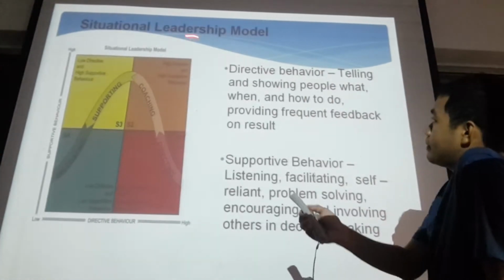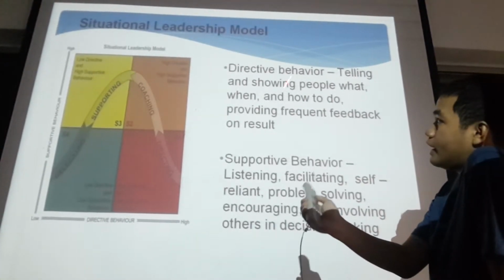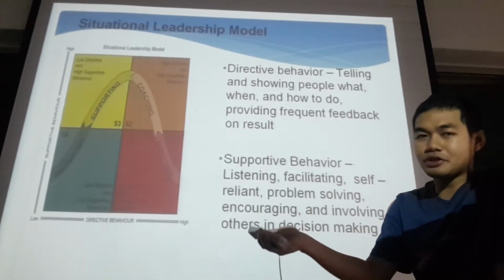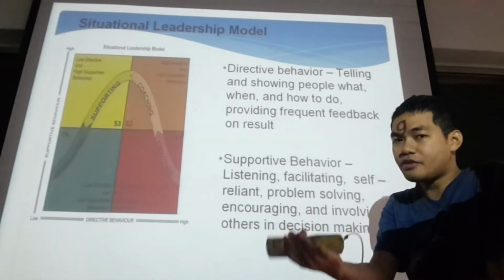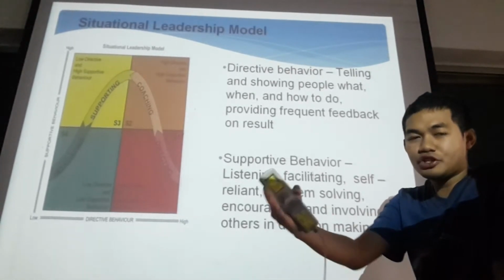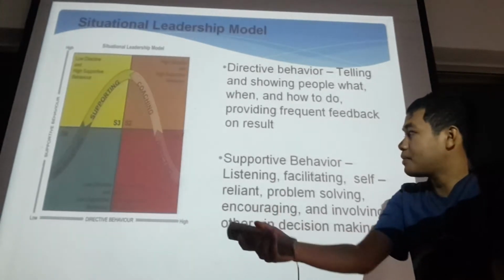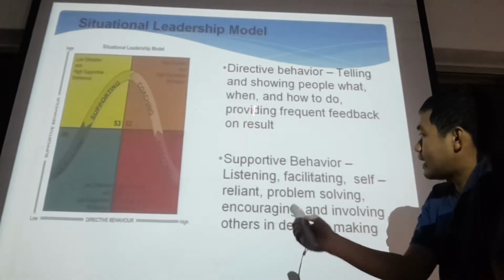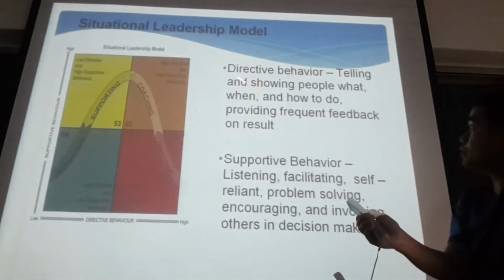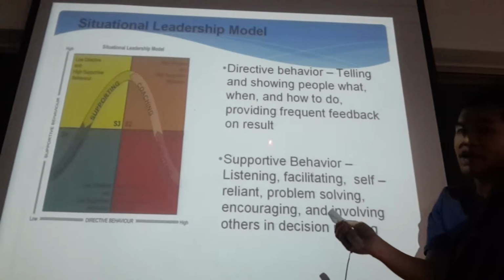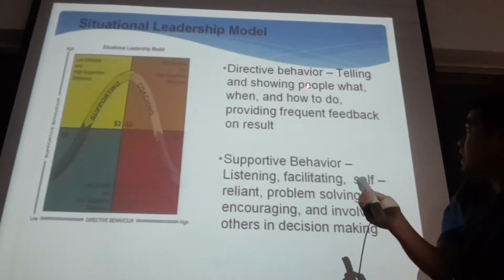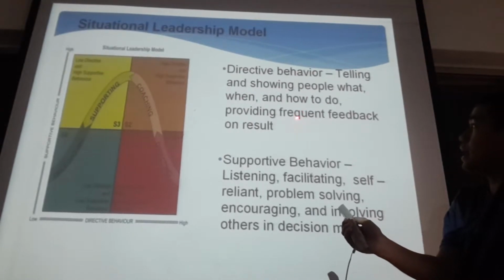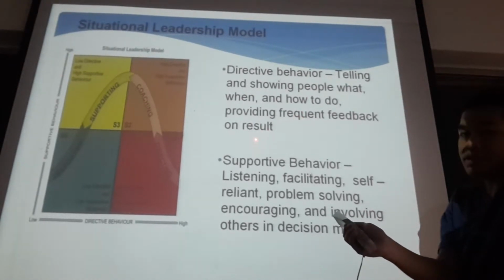Okay, here, let's take a look. Situational leadership model. I know that every one of you wants to be a really good leader, right? So in here, you really need to do that with your staff, your team member, your follower, and then you need to know the kind of development. Before we move to this slide, we need to know the definitions of these types. First one is directive behavior. What is directive behavior? Directive behavior is telling and showing people what, when, and how to do by providing frequent feedback on result.